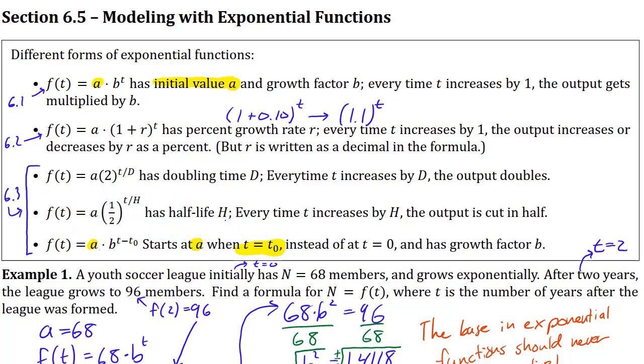The half-life is h. In this case, that's 12.2 hours. So every time t increases by h, the output is cut in half, which is what we want to have happen here.